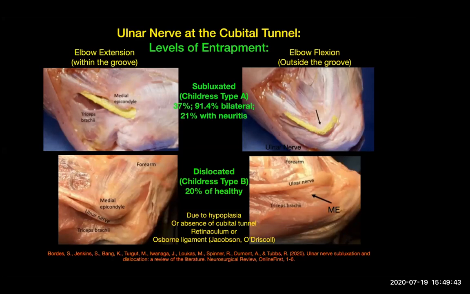And this is present in about 20% of healthy individuals. The reason for this could be hypoplasia or absence of a cubital tunnel retinaculum or Osborn ligament. Some people might not have that Osborn at all, or it could be a very shallow cubital tunnel. So there are just a lot of causes, depending on what findings you can actually see with a patient.